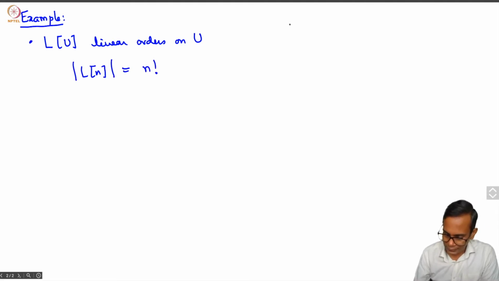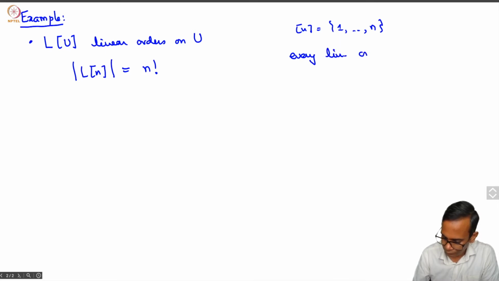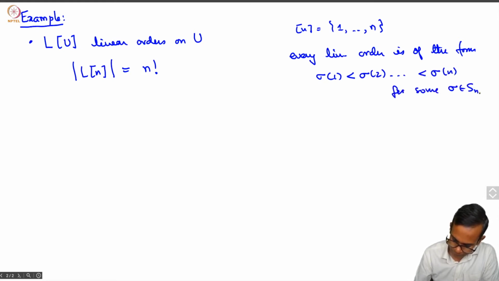Basically, [n] is the set 1 to n. Every linear order is of the form sigma of 1 is less than sigma of 2 is less than ... sigma of n for some sigma in S_n.